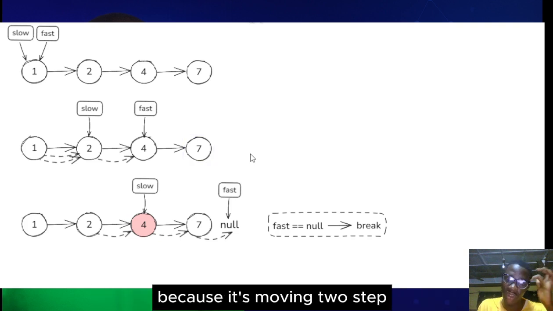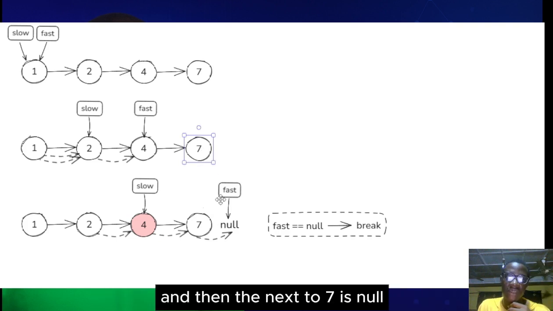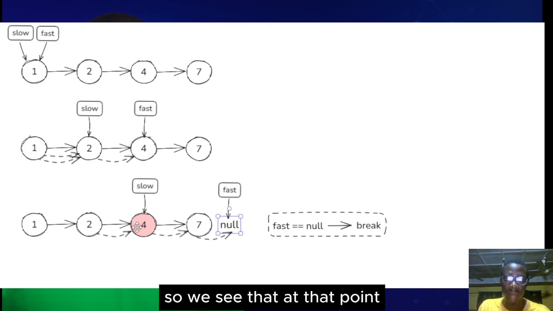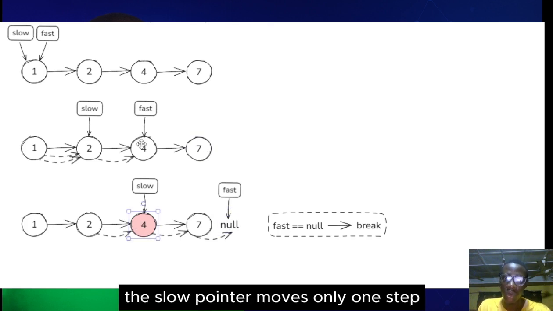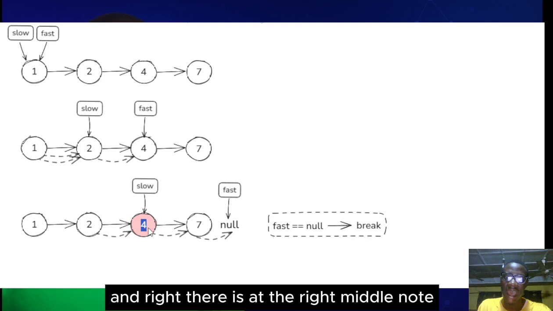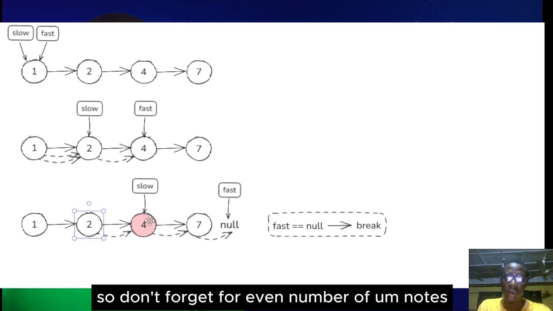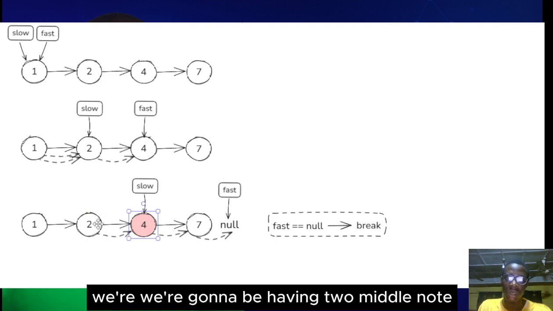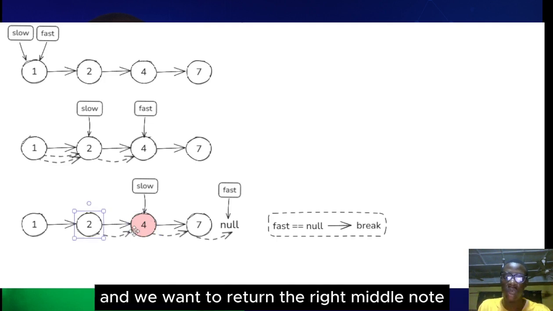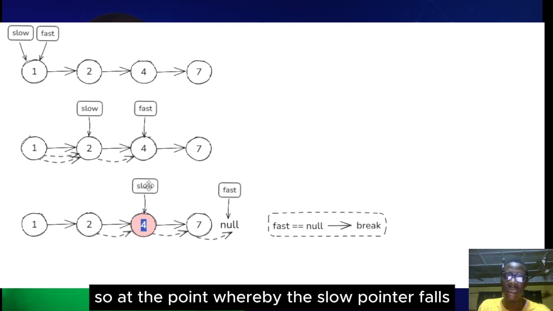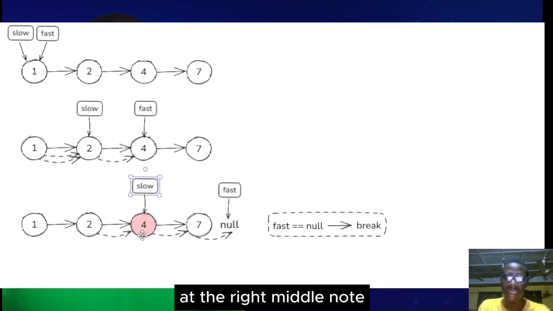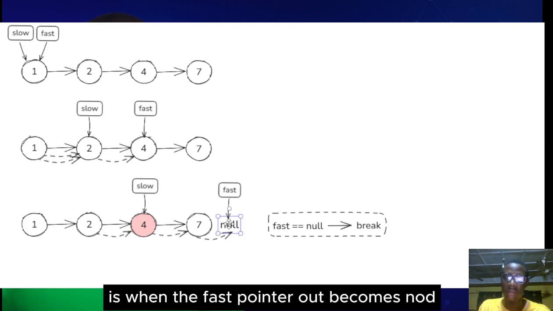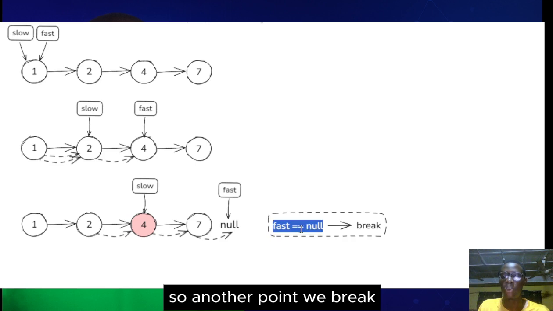Why? Because it's moving two steps, and the next to 7 is null. So at that point the slow pointer moves only one step, and right there it is at the right middle node. Don't forget, for an even number of nodes we have two middle nodes, and we want to return the right middle node. The point where the slow pointer falls at the right middle node is when the fast pointer becomes null, and at that point we break.